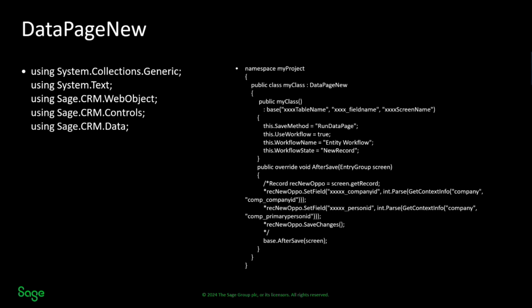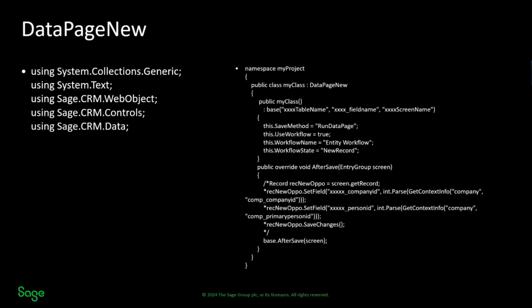Now I've got my constructor for the data page new. I can see my base method, which is to make use of our table name, field name, and the screen name. And you can see that I can use all of the workflow things that I've looked at first of all, which is the idea of save method and use workflow.